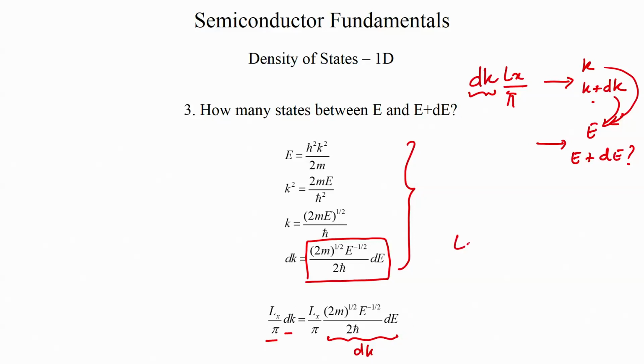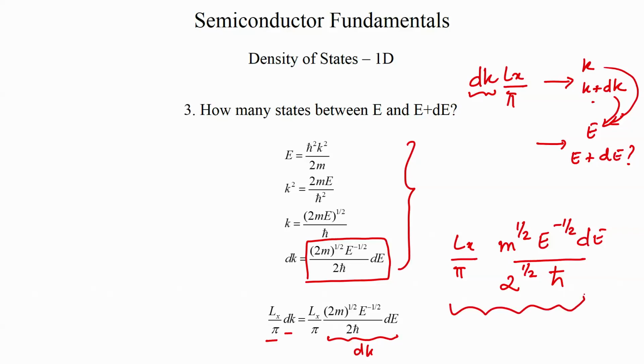So, there are Lx by pi into, we can cancel some terms off, so you have m power half E to the power minus half dE by 2 power half h bar. So, you have these many solutions present between E and E plus dE.